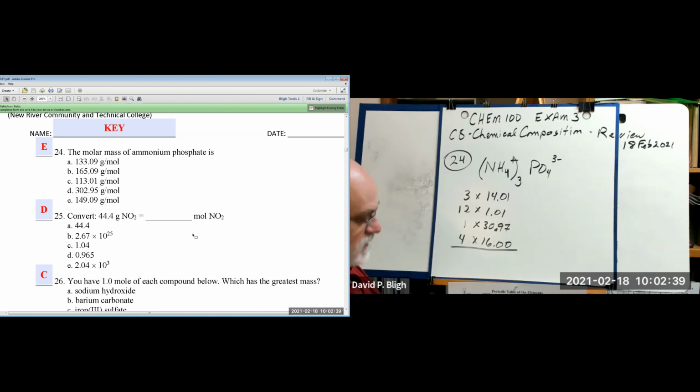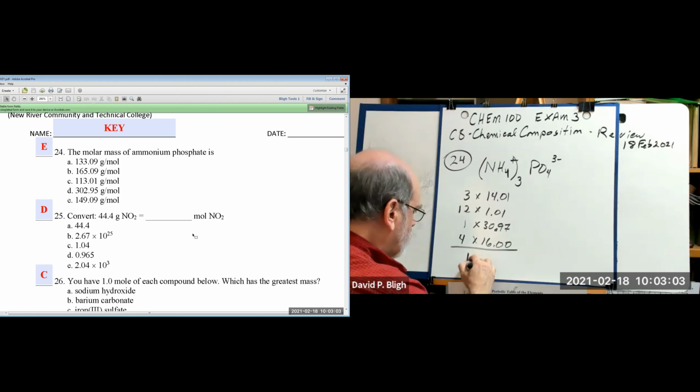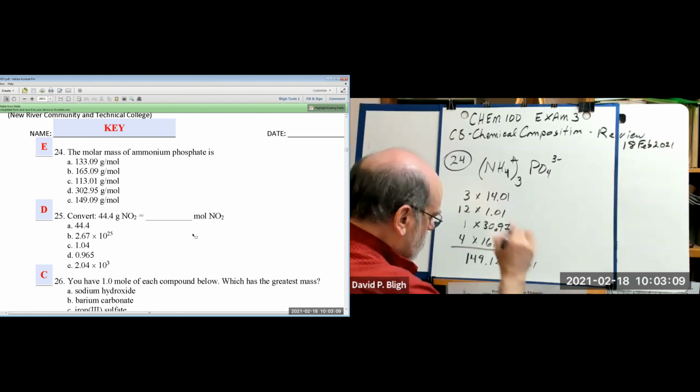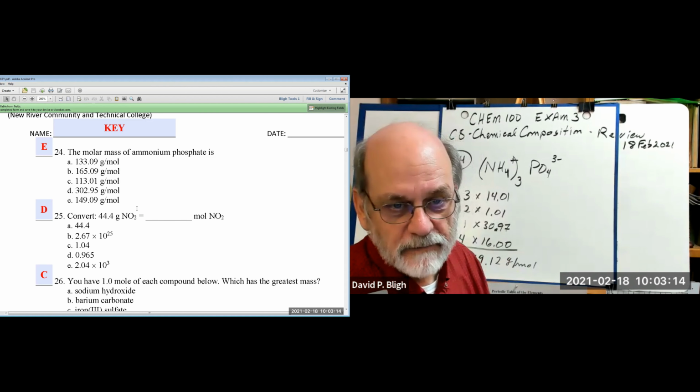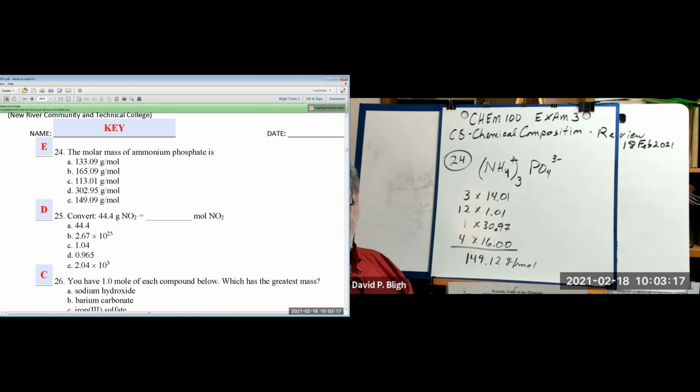And 3 times that. And then 12 times 1.01. Right. And then your phosphorus. And then your oxygen. So that's 64. So 149.12 is what my calculator tells me. Grams per mole. Okay, rounding error. Right, 149.09.